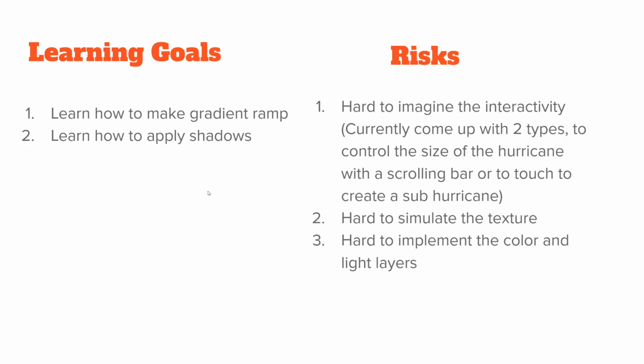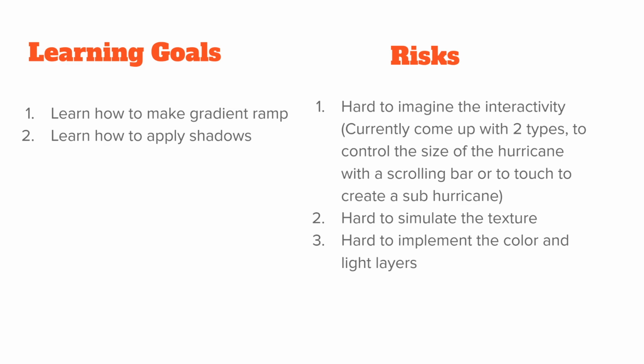My learning goal is to learn how to make a gradient ramp, because I think gradually increasing or decreasing a specific color value inside a hurricane is really important to make such light and color effects.